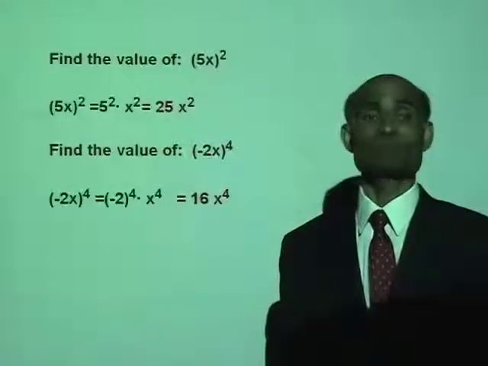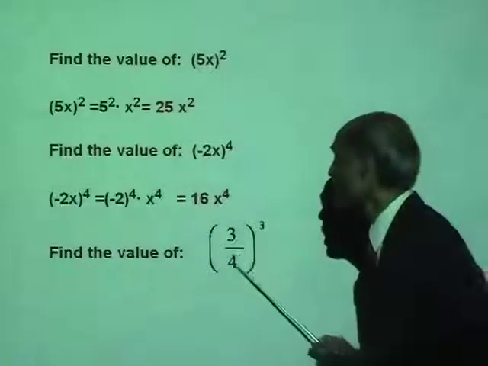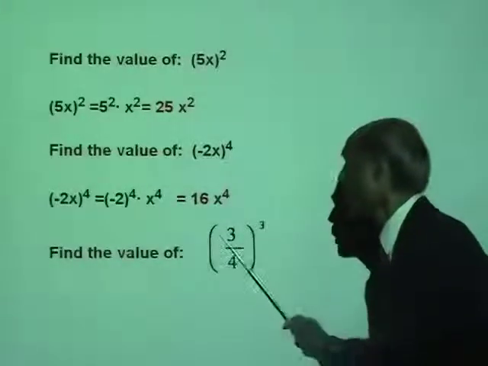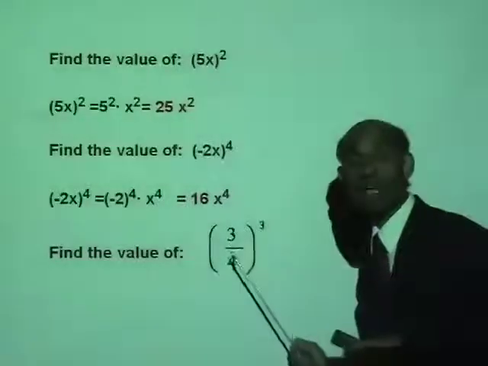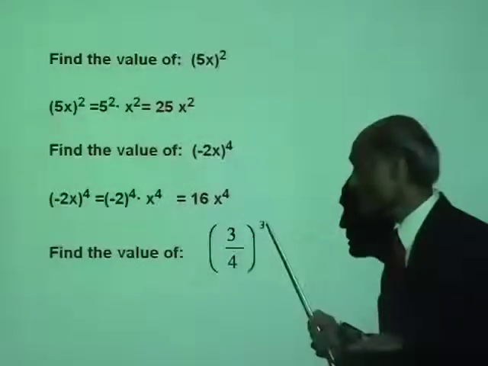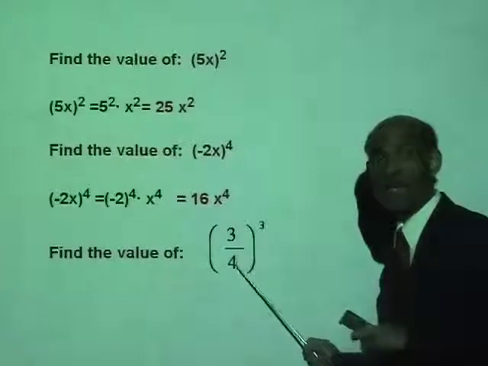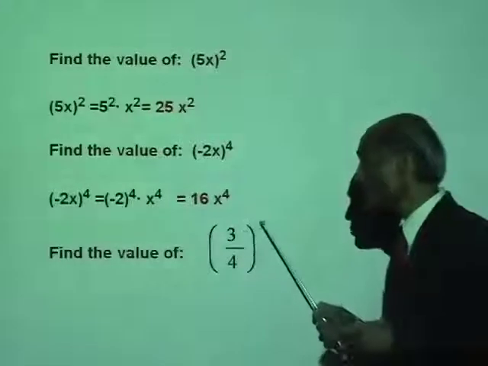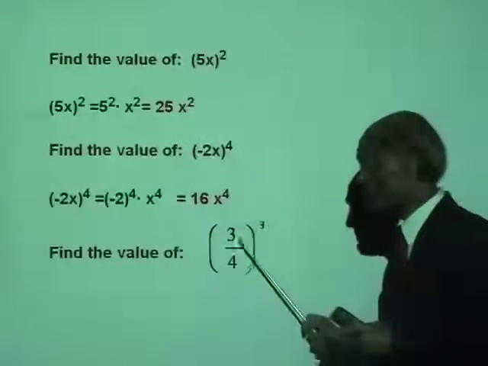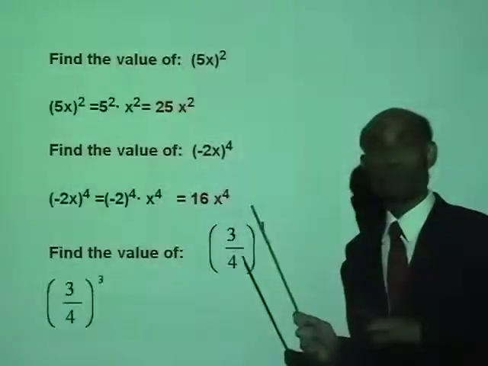Okay? Another one. Find the value of 3 over 4 all raised to the power of 3. I explained one like this before. This power 3 belongs to the numerator as well as the denominator. So what this means is 3 raised to the power of 3 divided by 4 raised to the power of 3.